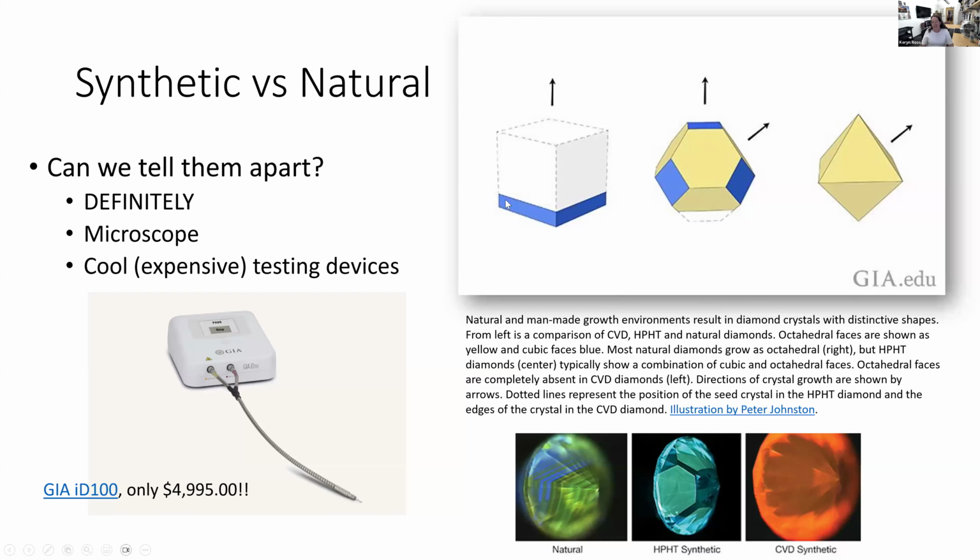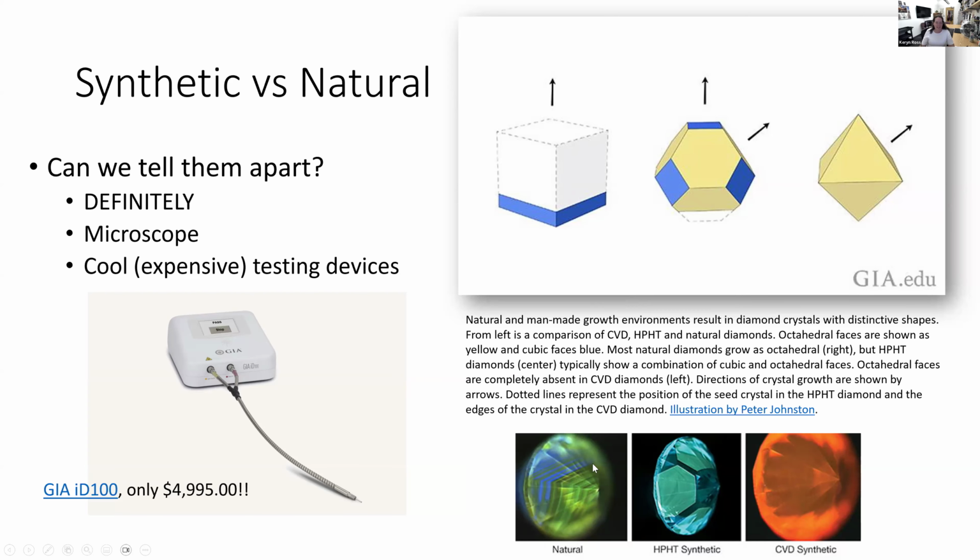And so we can actually say, oh, hey, this was a CVD. So if we see something that looks like these funky little lines, then that's a CVD. Or if we see stuff that's looking like this weird type of hexagon, then that's going to be more likely to be an HPHT. And then the natural is going to have this nice look to it.